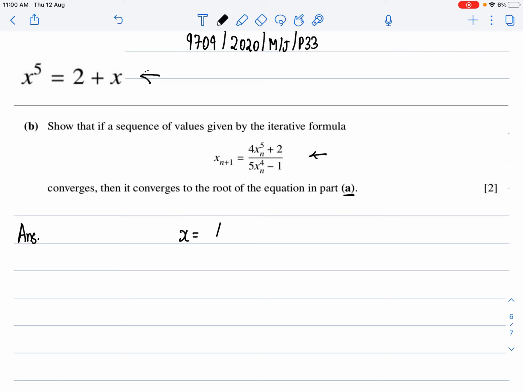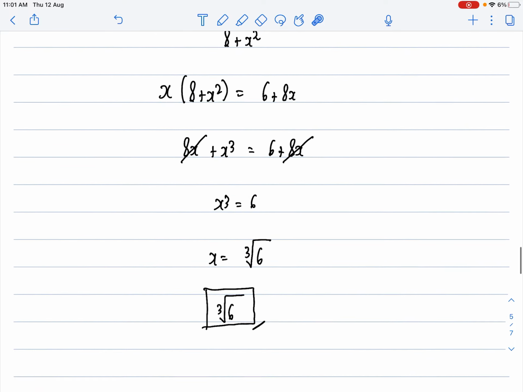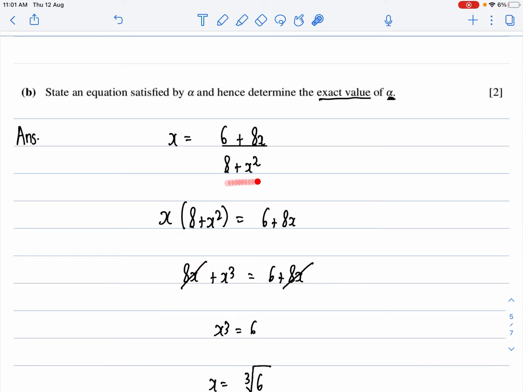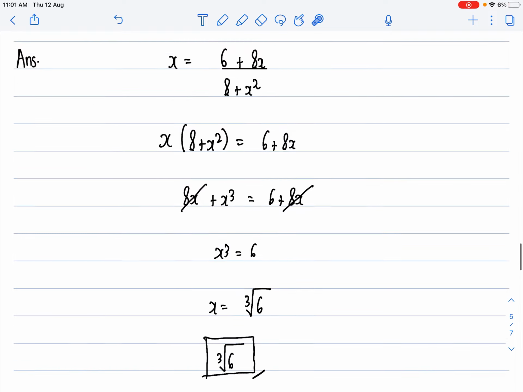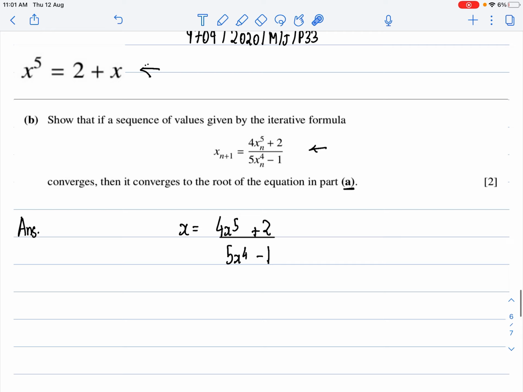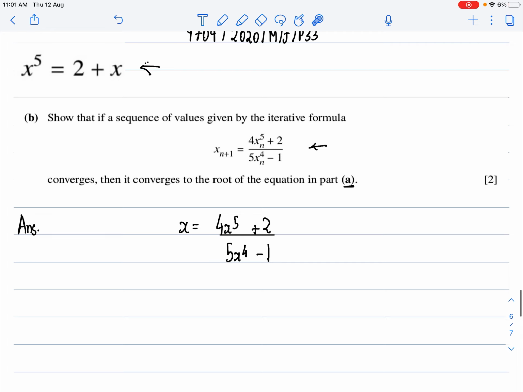So write this as x equals 4x raised to 5 plus 2 divided by 5x raised to 4 minus 1. Now you need to solve it in such a way to show that you get this equation at the end. In the previous example, you needed to solve to get a value. In this case, you need to show that you get an equation. It depends whether you need an equation or a value. In this case, you need the equation.